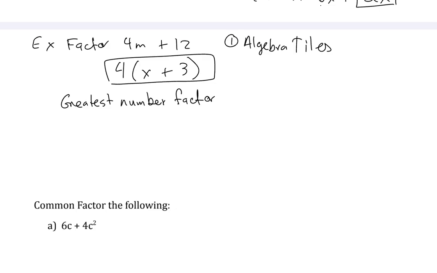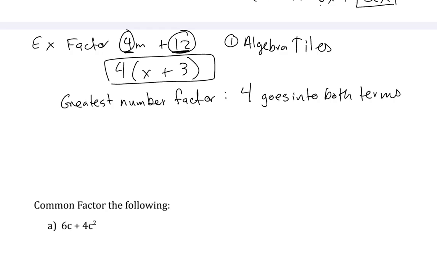Our greatest number factor between 4 and 12 is going to be 4, because 4 times 1 is 4, and 3 times 4 is 12. So 4 goes into both terms.